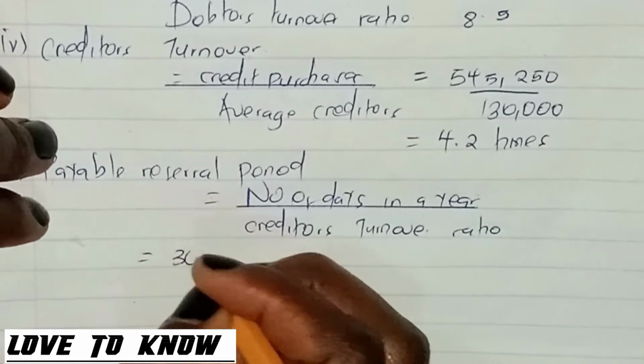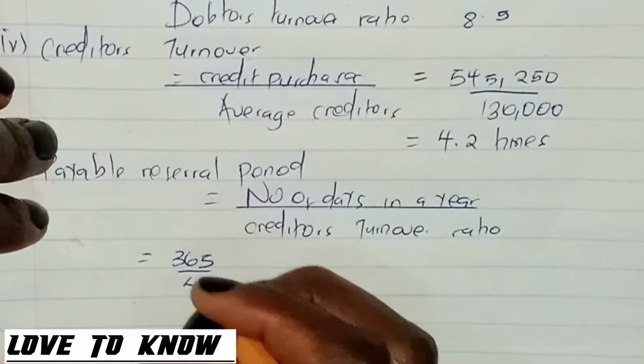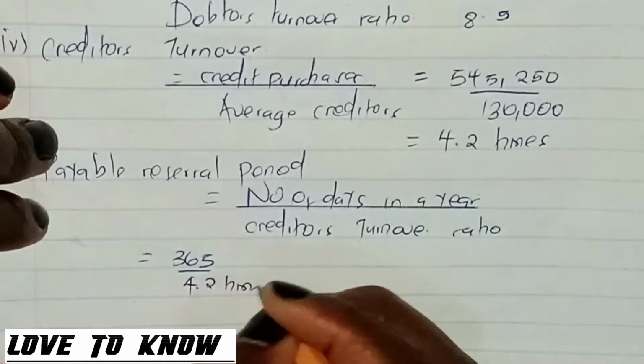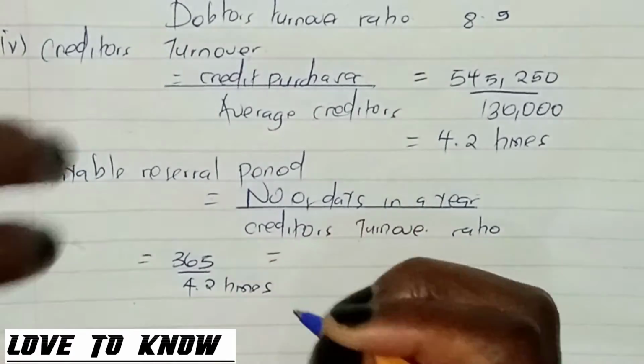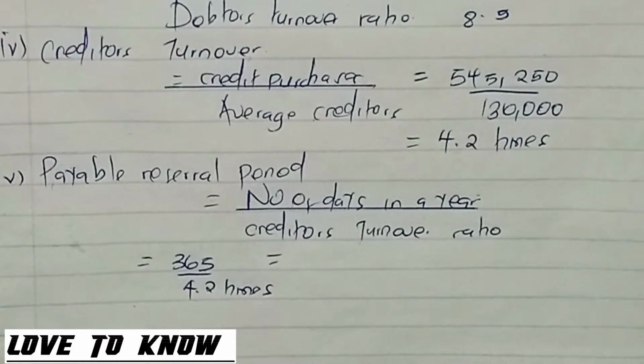This will be 365 days divided by 4.2 times. This will give 87 days.